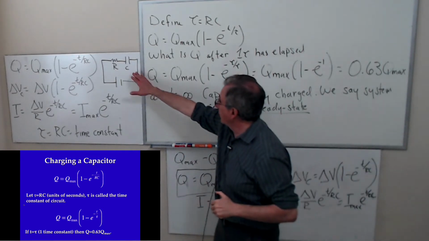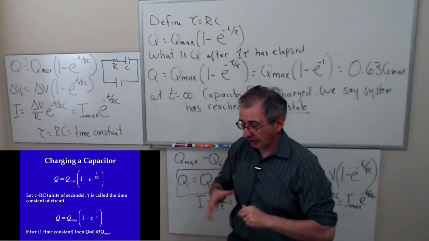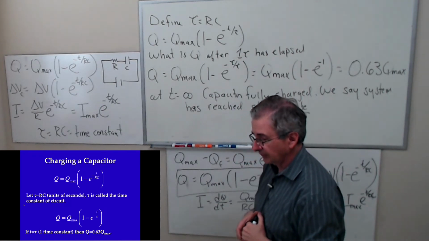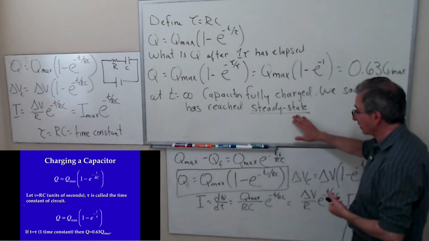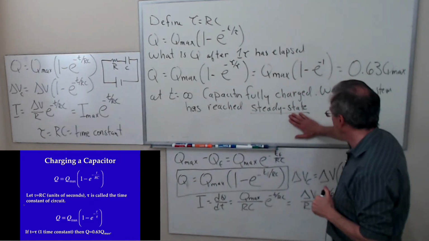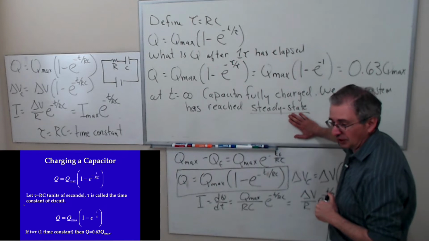There's no more energy going into this thing. The energy in the capacitor stays constant. Okay, and I want to mention this term because it is used a lot. Those of you who have taken 215, you probably had Harris tell you to use this term a lot too, right?